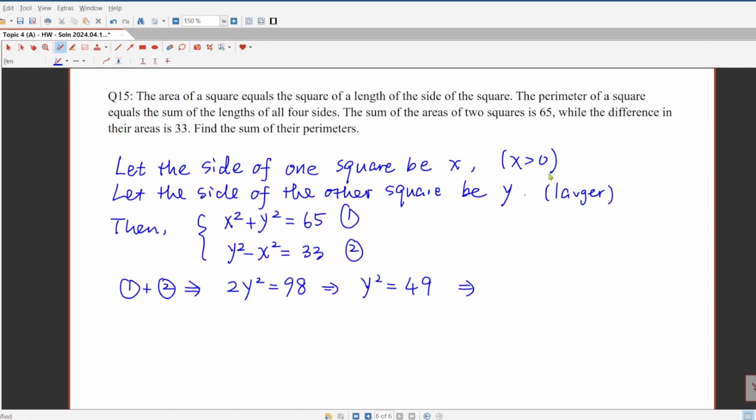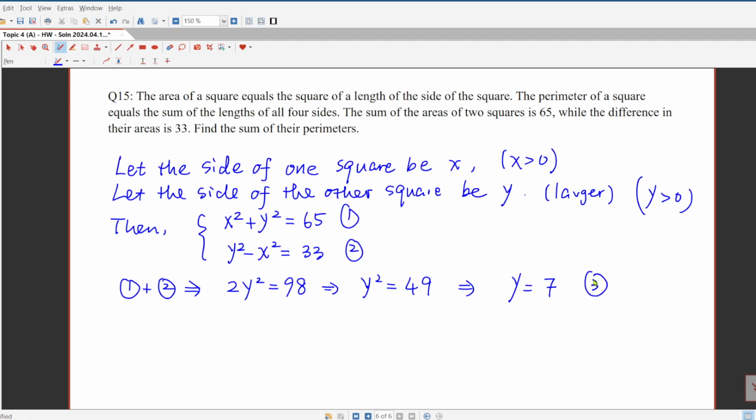Otherwise, it does not make any sense for a negative side of a square, right? Of course, here y is also larger than 0. It could not be a negative number, and it could not be 0 because it has an area, so it could not be 0 either, right? So y must be positive. This gives us y can only be positive 7, right?